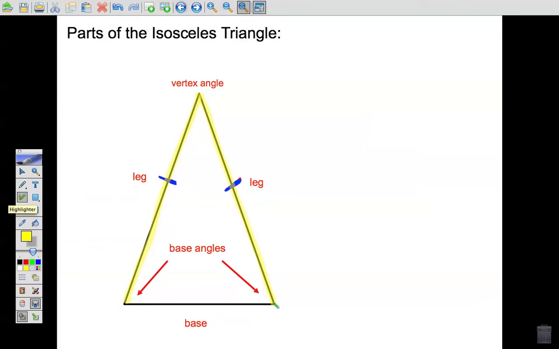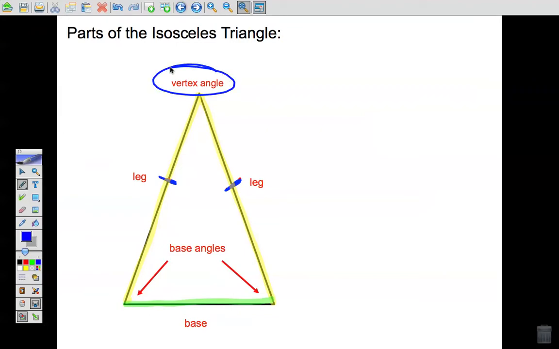Now, the side that's not a leg is called the base. And if you look at this closely here, the 2 angles associated with the base are what we call the base angles. And I have arrows going to those. Now the third angle that is involved in a triangle is called the vertex angle.